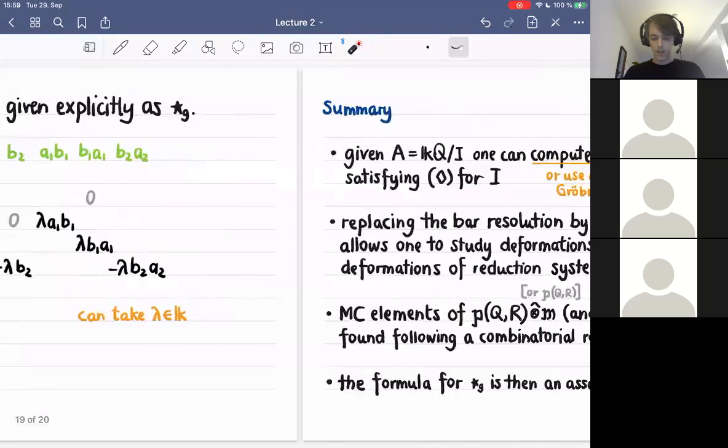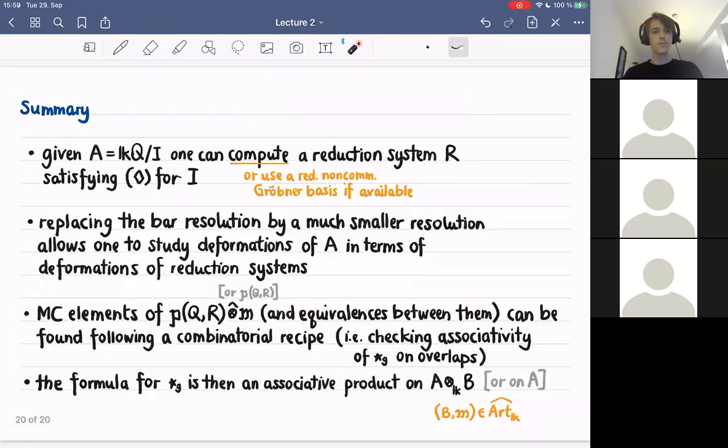Okay, and so I'll end with a short summary of what happened. If you're given an algebra A, which is the path algebra of a quiver with relations, you can compute a reduction system R satisfying the diamond condition. If somebody has already computed a non-commutative Gröbner basis, you can just use this.